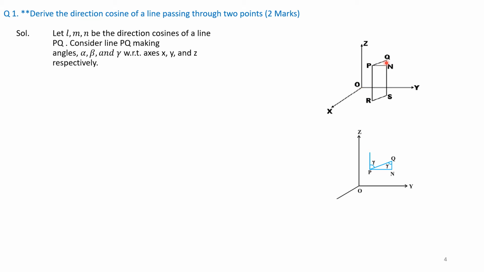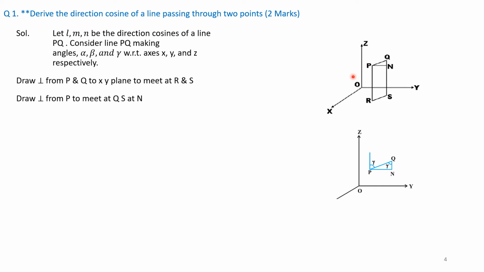So this line PQ is making angle alpha with X axis, beta with Y axis and gamma with Z axis. Draw perpendiculars from P and Q to the XY plane. PR and QS are the two perpendicular lines from P and Q on the XY plane.